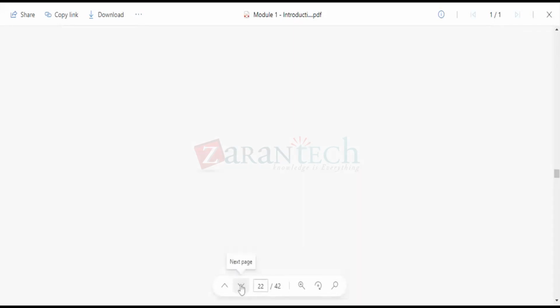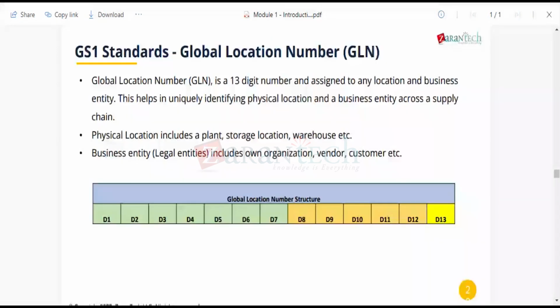Okay, and the next thing is global location number. In previous slides, we have seen one particular image where we have GLN A, GLN B mentioned. That GLN is nothing but your global location number. This is a unique number provided to each of your plants, warehouses, as well as business legal entities.